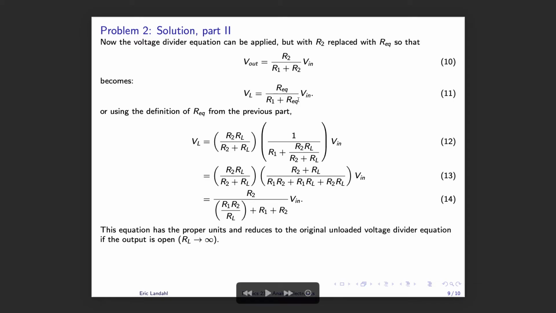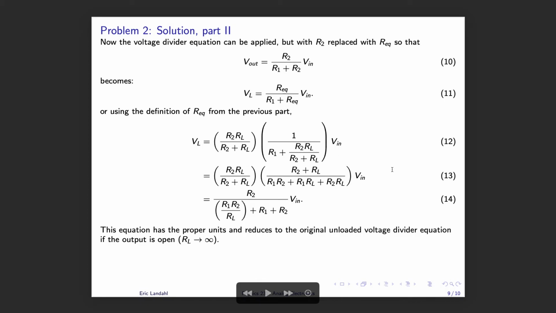Okay, so at this point, we just have to substitute in our expression for R equivalent from the previous page, and then do a whole bunch of algebra. So everywhere I have R equivalent, here written in equation 11, I have replaced it with the full expression for R equivalent, which was R2 RL over R2 plus RL. So that's where the top went. And then this lower R equivalent in equation 11 got replaced by this entire expression here.